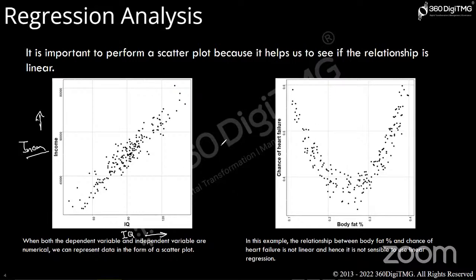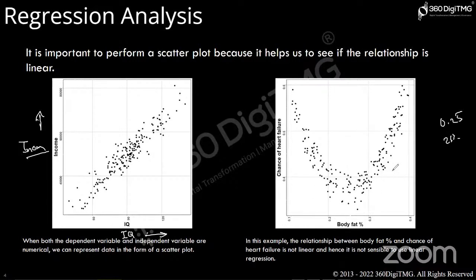Similarly, if we go for the next example, where we saw chance of heart failure based on body fat percent. Based on body fat, what is the chance of heart failure? We see that around 0.25 body fat, 0.25 meaning 25% body fat, has the lowest probability of heart failure.